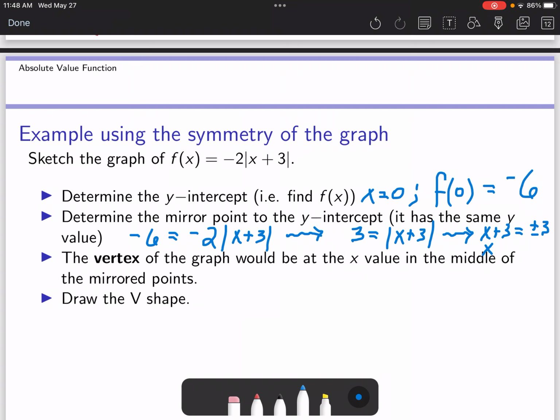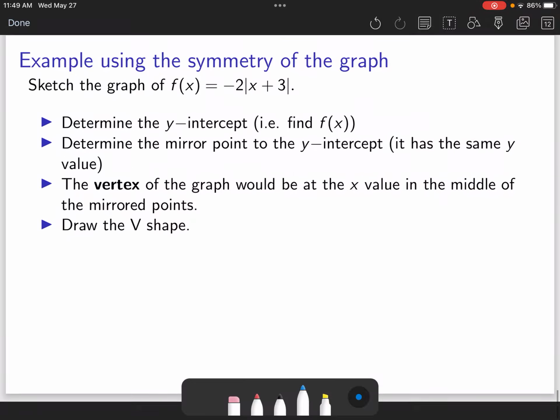So my two answers are x equals 0 or x equals negative 6. If I could get it to write that, oops, we'll just kind of shove that in there. Negative 6.